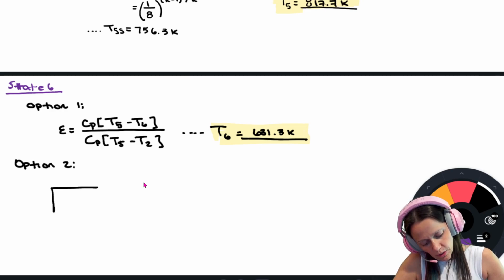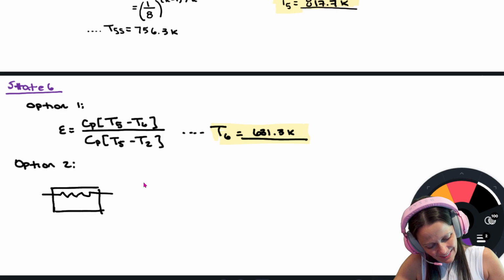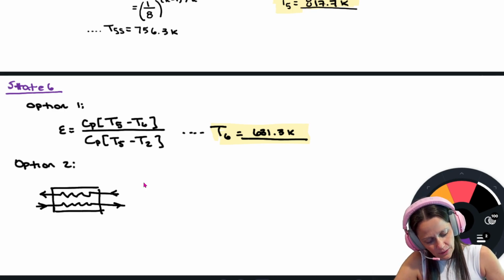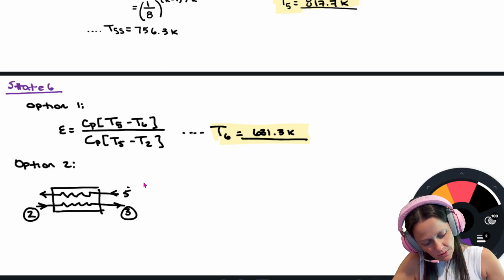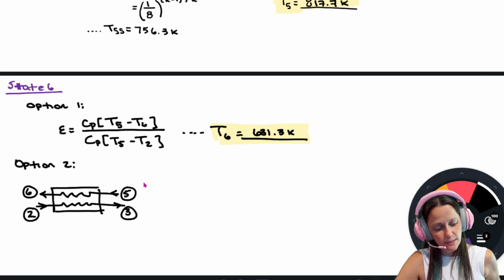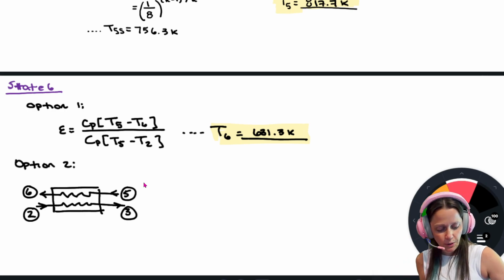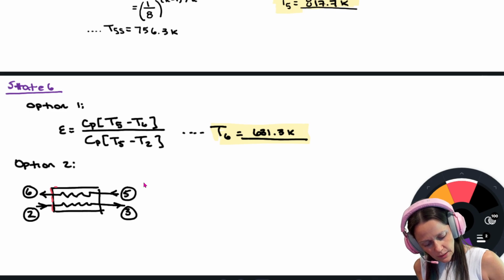Now there is another way if you prefer to think of it like this. So I'm going to redraw my regenerator down here. This is 2, this is 3, this is 5, this is 6. I could choose to draw my control volume around this whole thing.